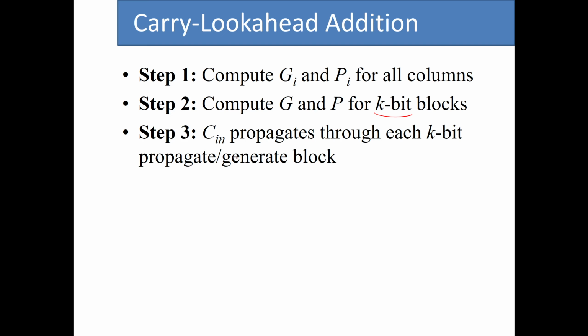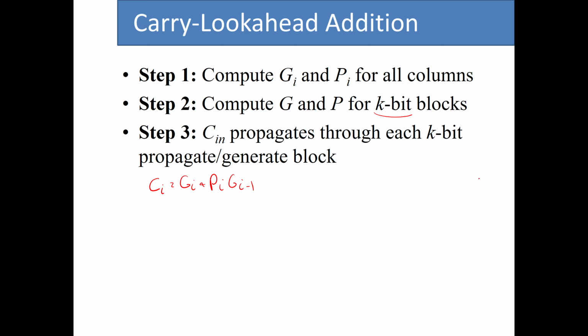And then for step 3, the Cin propagates through each k-bit block, each one having a propagate or generate signal. So let's see what happens if we have a 4-bit block. If you remember from the previous slide, the general signal was C_i equals G_i plus P_i multiplied by C_(i-1).